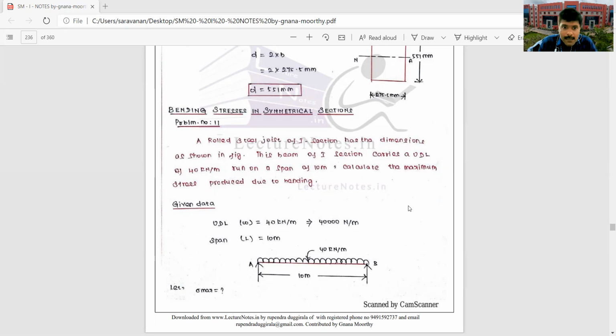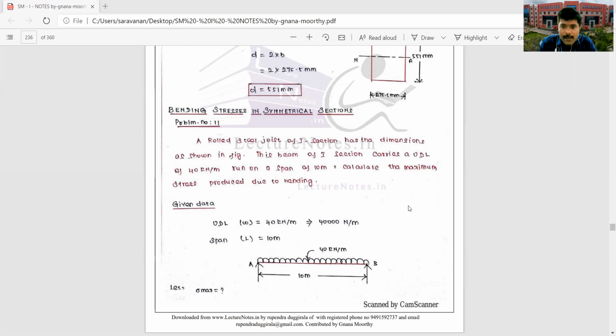So in today's class, we will discuss bending stresses in symmetrical sections. We can see the problems on bending stresses in symmetrical sections. So here you can see the problem. A rolled steel joist of I section has the dimensions as shown in the figure.